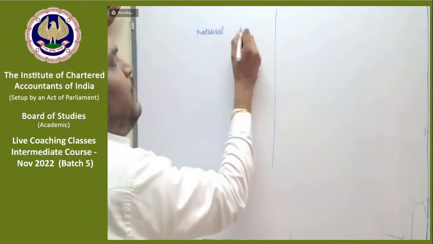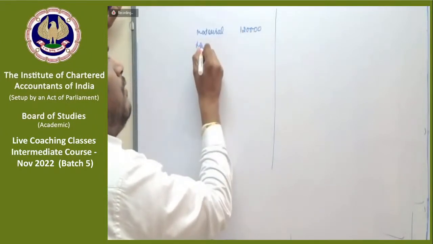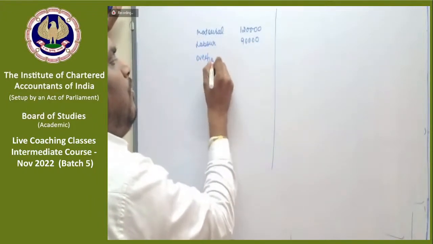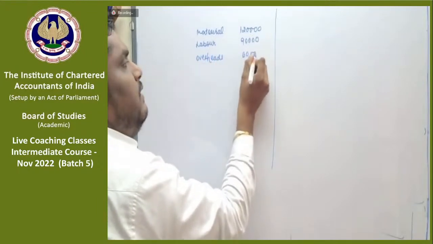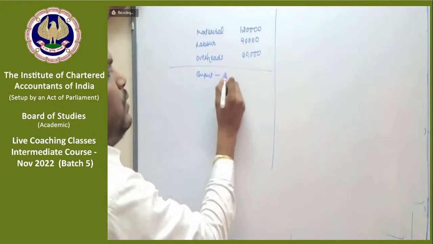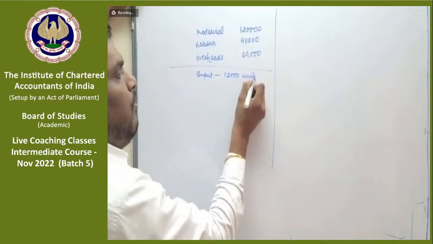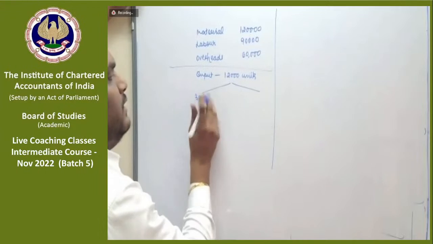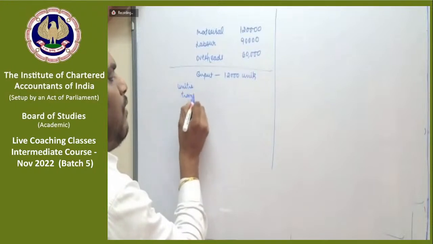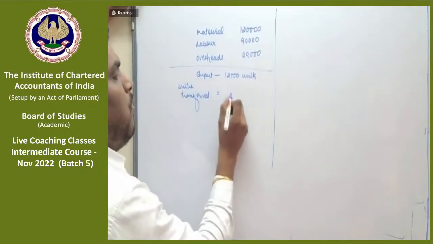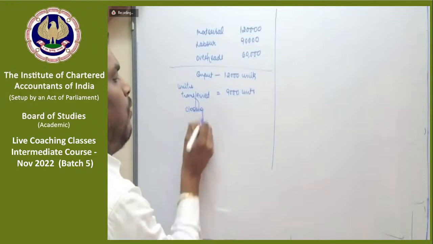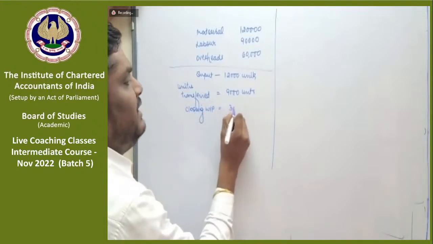Wherein the material cost is 1,20,000, labor is 90,000, overheads are 60,000, input was total 12,000 units, units transferred were 9,000. Closing work in progress is 3,000 units.